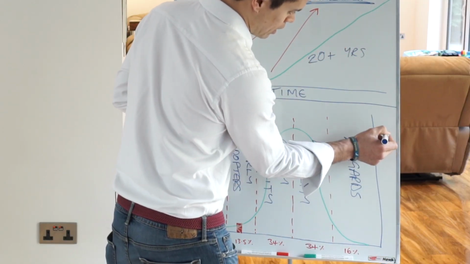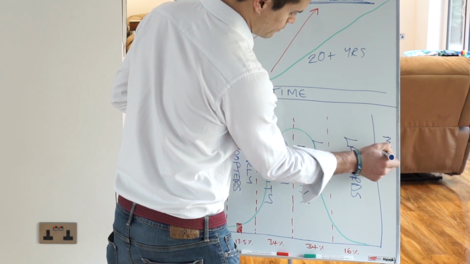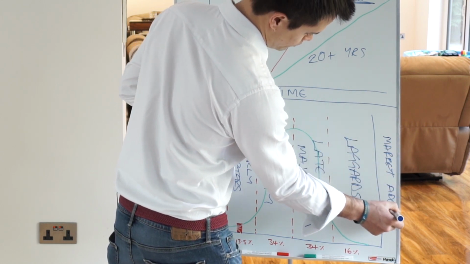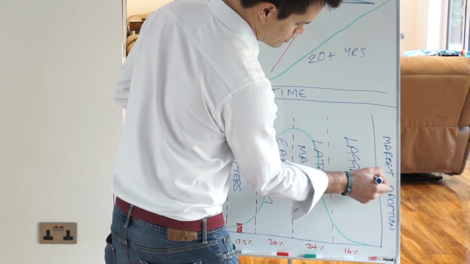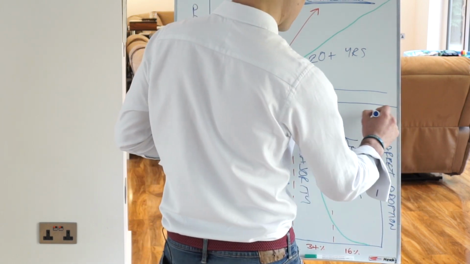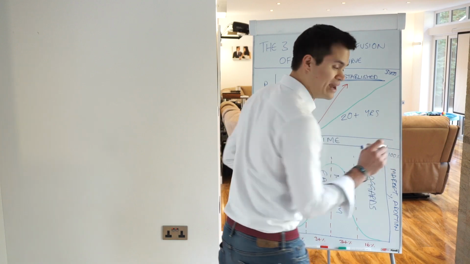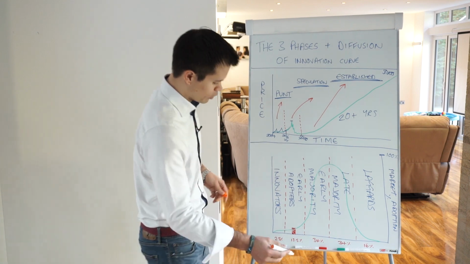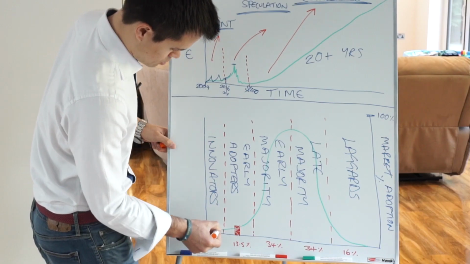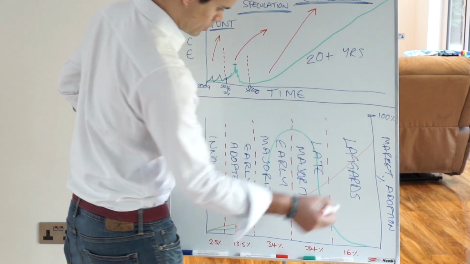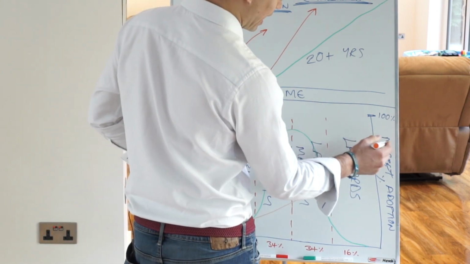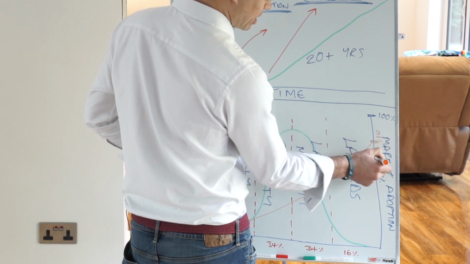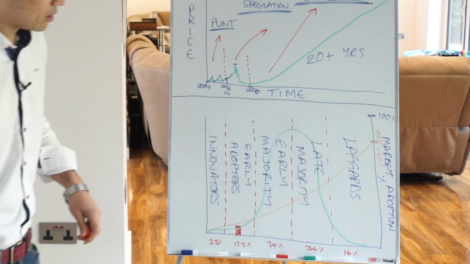And if you were to draw a chart of market adoption in terms of percentages, let's say up here is 100%, nothing ever hits 100% full adoption. What you'll see is something like this, where you may get anywhere from 90% to 60%, something like that.